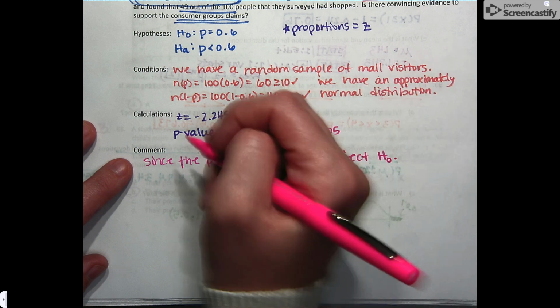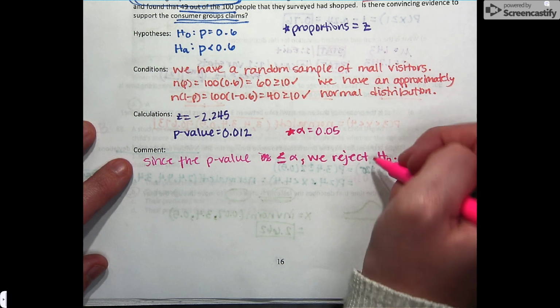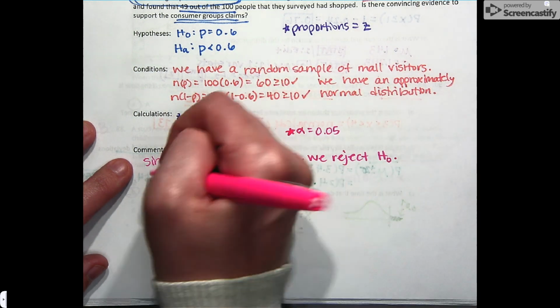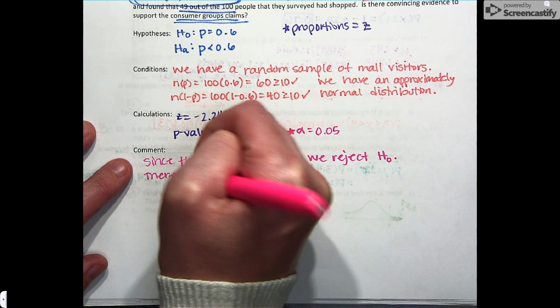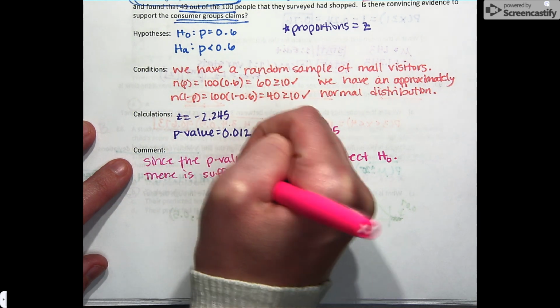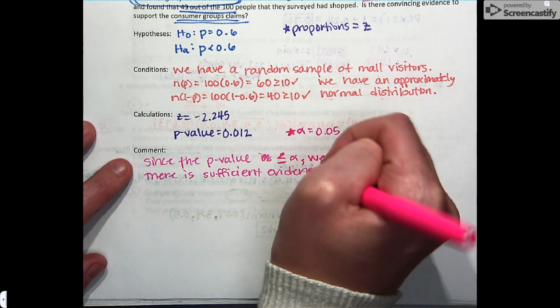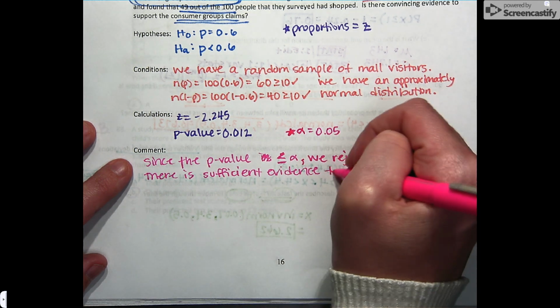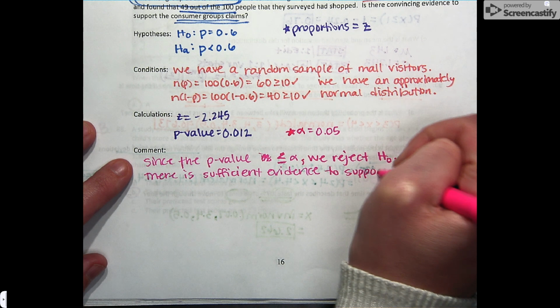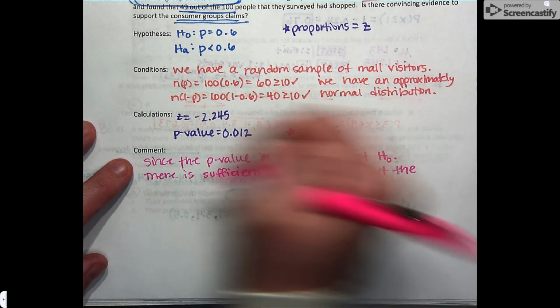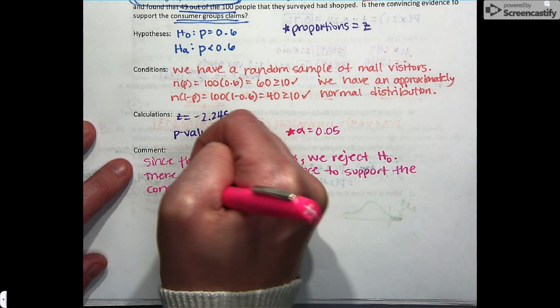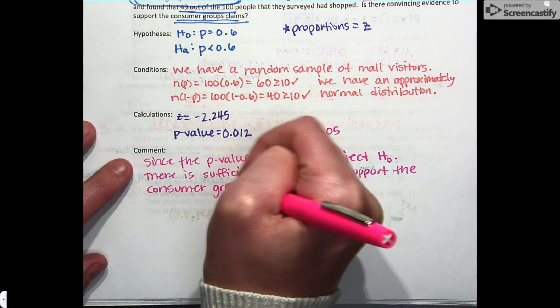And since that's statistically significant, if you're able to reject the null hypothesis, what this means is that there is sufficient evidence, or convincing evidence, whatever you want to say, to support the consumer group's claims.